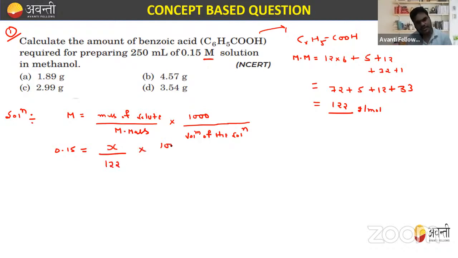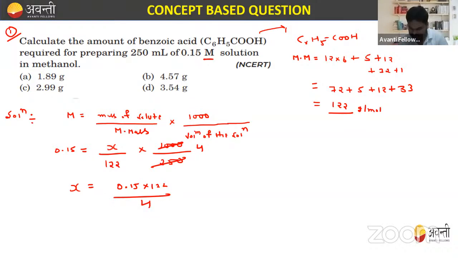This is 1000. What is the volume of the solution? That is 250 ml. Just solve this. This is cancelled by 4. You have to calculate x. So x comes out to be 0.15 into 122 divided by 4.